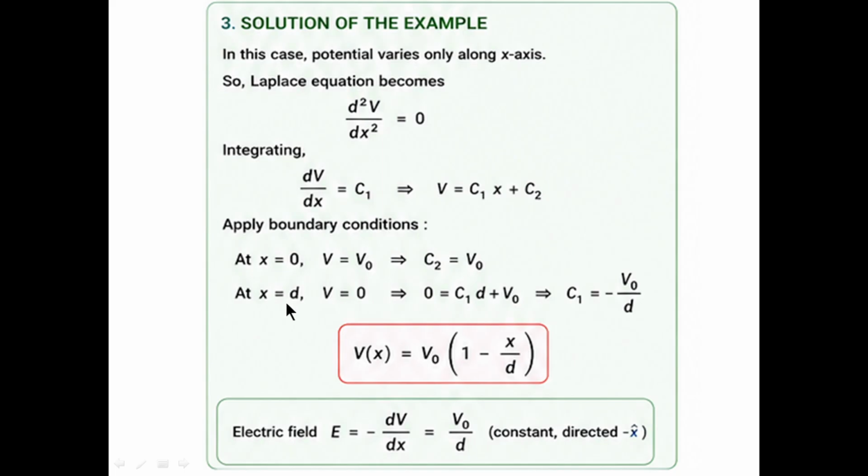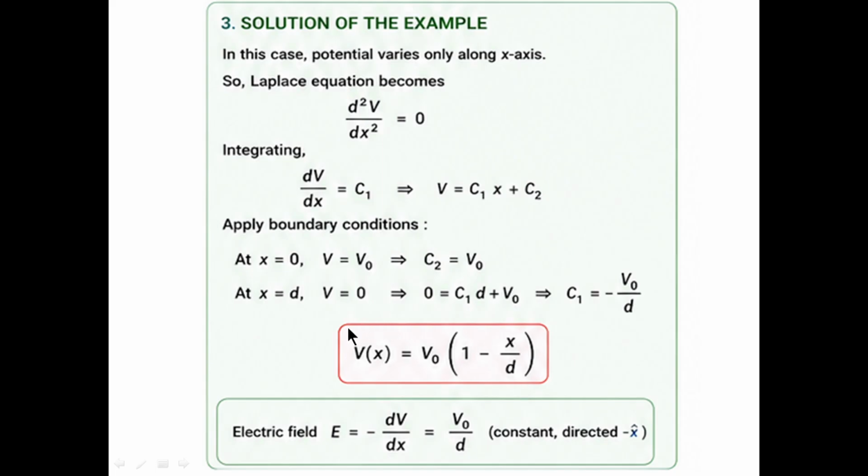Now putting these values in the equation, first we have 0 is equal to c1 d plus V naught. Now here we can calculate c1 is equal to minus V naught upon d. Now using the value of c2 and c1 in this equation we get a potential V of x is equal to V naught into 1 minus x upon d.